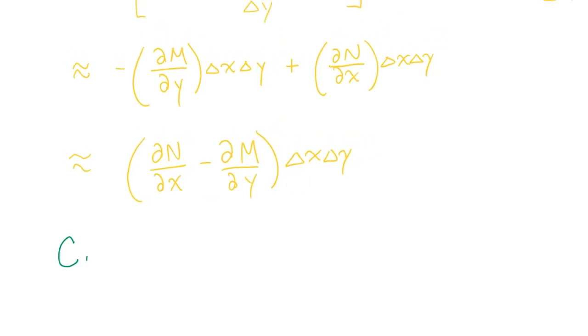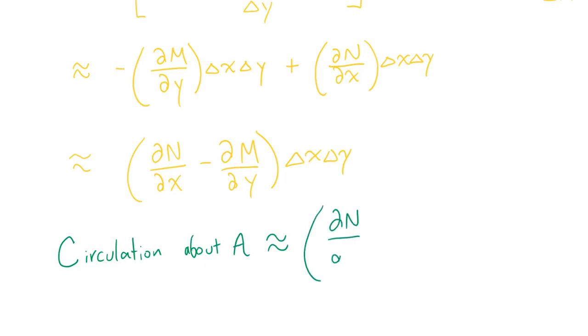So we know that the circulation around or about A is approximately equal to partial n partial x minus partial m partial y, times delta x delta y.